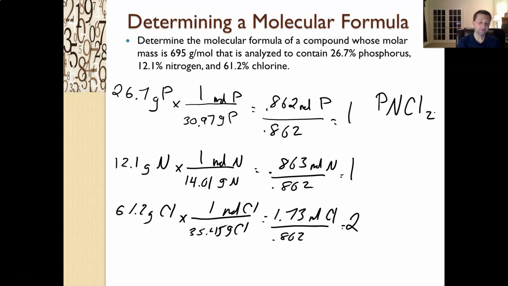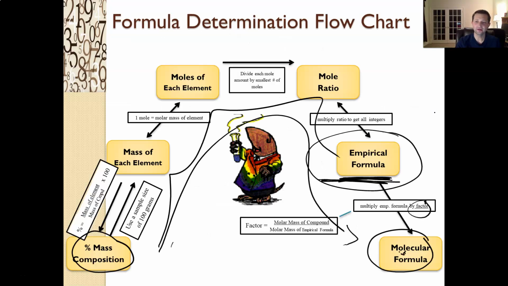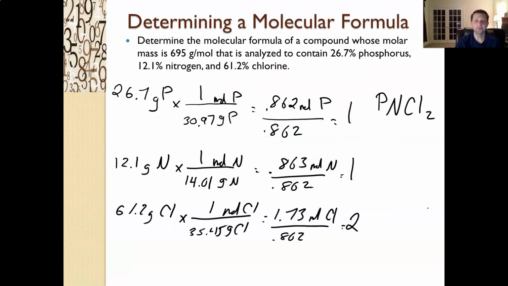Now what do I do? If I go back to my rainbow thingy, once I have my empirical formula, I find out what my factor is going to be and see what I should multiply by to get my molecular formula, if I have to at all. So let's find the molar mass of this empirical formula. I add up a phosphorus, a nitrogen, 2 chlorines. That's going to give me a molar mass of 115.88 grams.